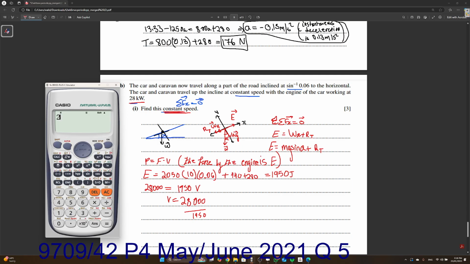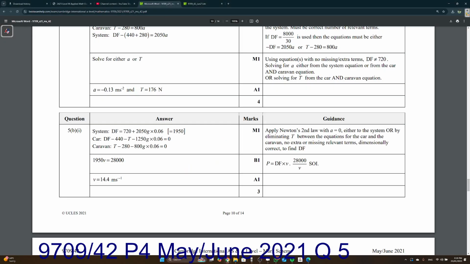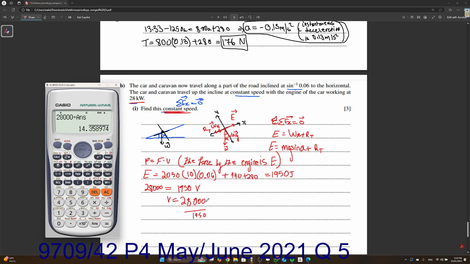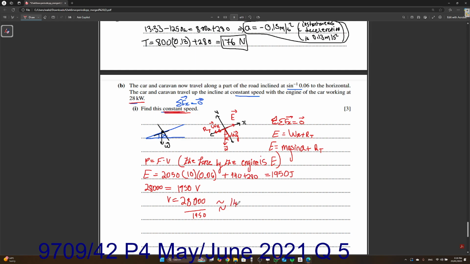Let's do it. 28,000 divided by 1950, you get 14.4 to three significant figures. Right? So 14.4 meters per second.